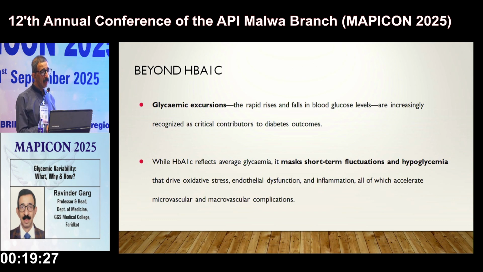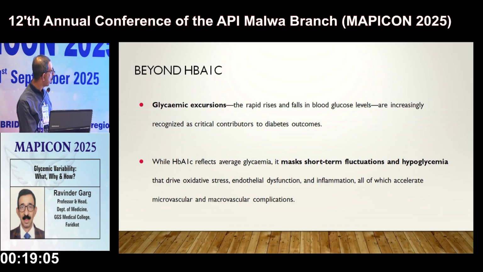Now, these glycemic excursions which we discussed just now, up and down, are very important contributors to diabetes outcomes. The problem with HbA1c is that it gives us an average glycemia.